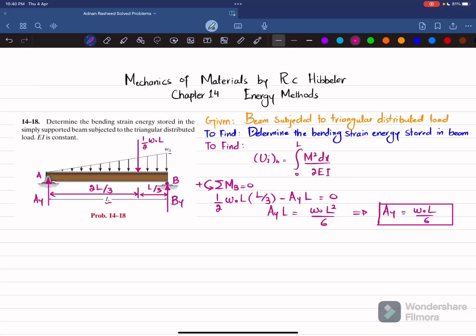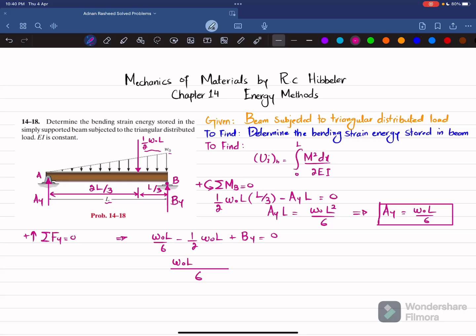Now we'll find this BY by using another equation of equilibrium, that is, the sum of all forces along Y direction must be equal to 0, and upward force is taken as positive. So AY, which is upward, so W naught L over 6 minus this triangular distributed load converted into a point load, 1 over 2 W naught L, plus BY is equal to 0. So if you take the LCM, that will give you 6. 6 divided by 6 is 1, and 1 multiplied by W naught into L will be this one.